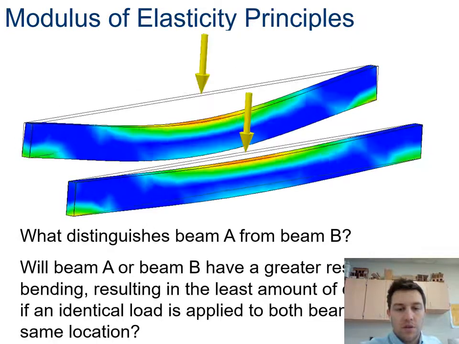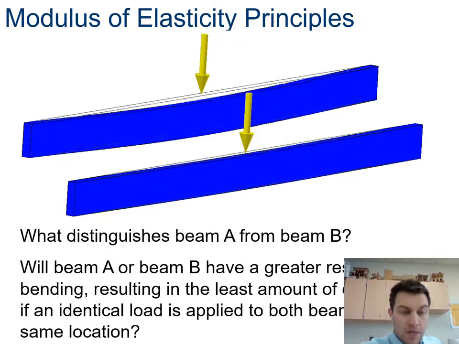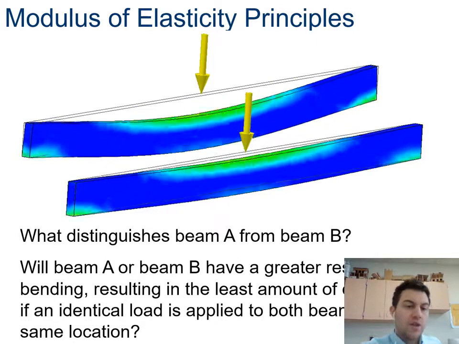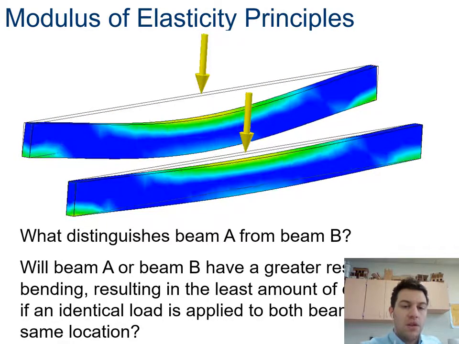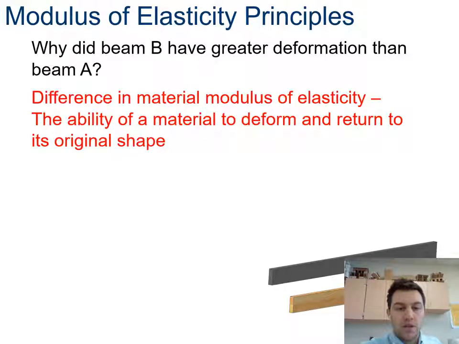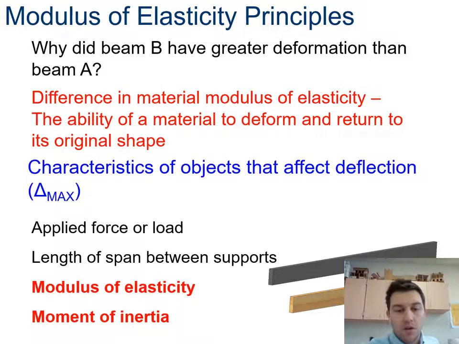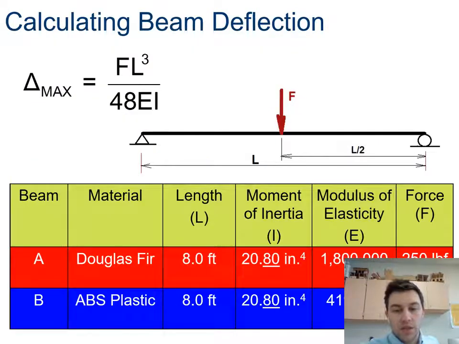The difference is material, and even though they're the exact same shape with the exact same moment of inertia, the plastic deflects more because it has a smaller modulus of elasticity. The modulus of elasticity of our Douglas fir is 1.8 million psi compared to 419,000 psi for the plastic.